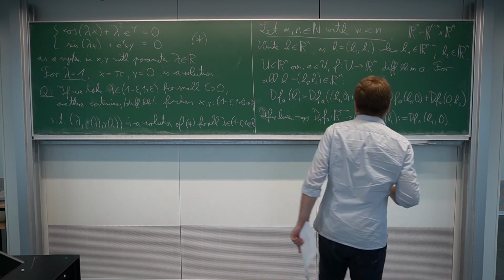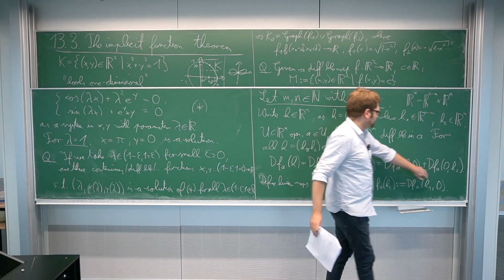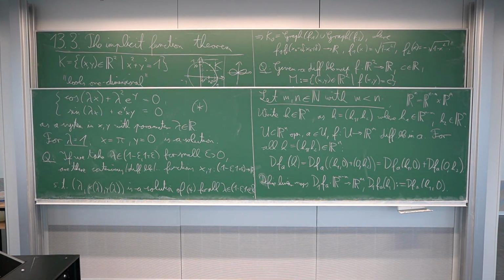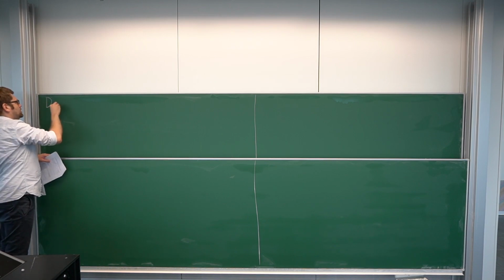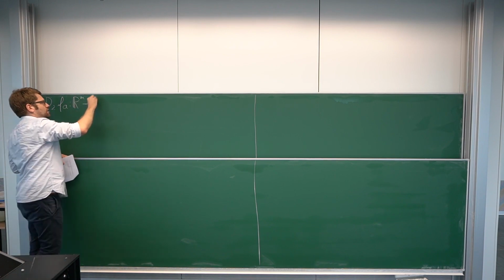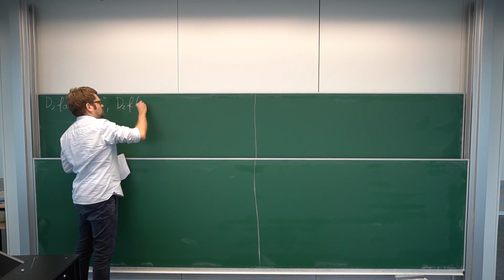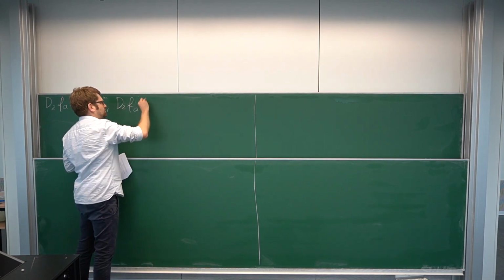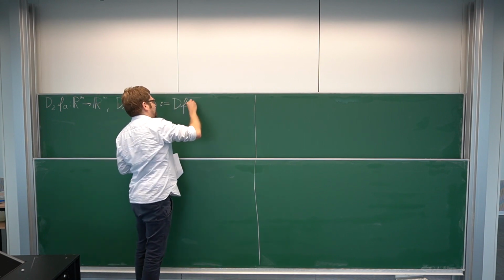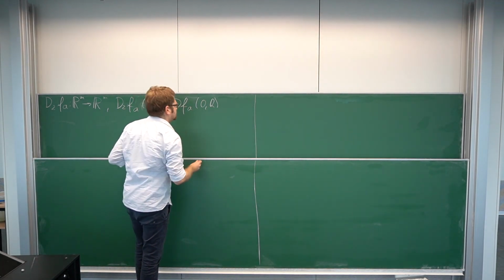Now I don't have space to define d2 f_a, so let me erase and then do this, but you can guess d2 is this part here. d2 f_a is a linear map from R^m to R^m. d2 f_a of some h is just defined as df_a of (0, h), where this is now the 0 vector in R^(n minus m).